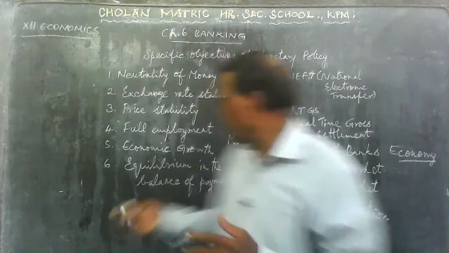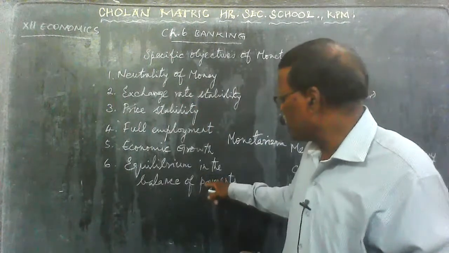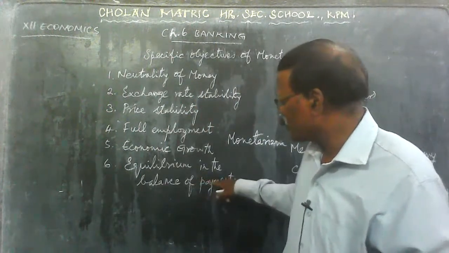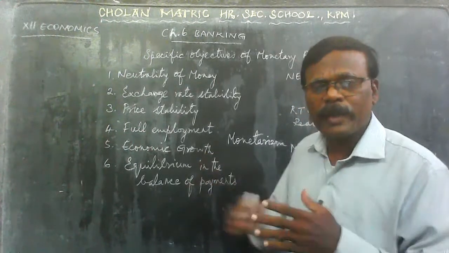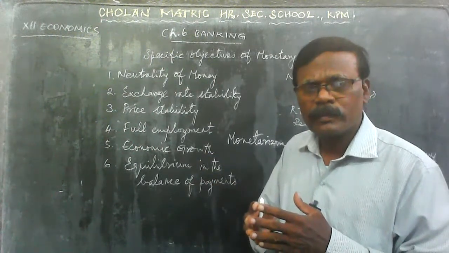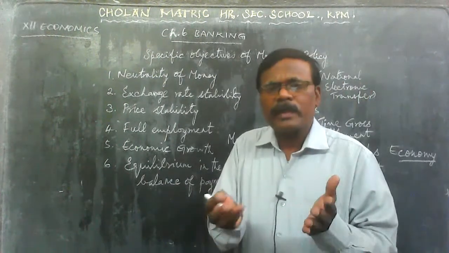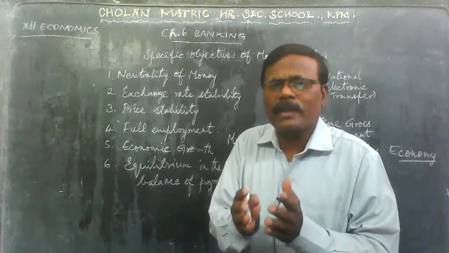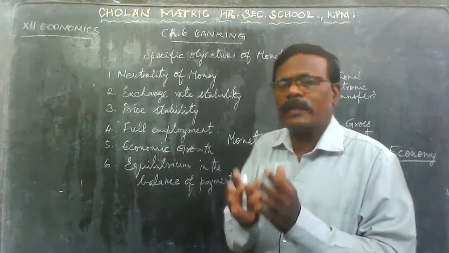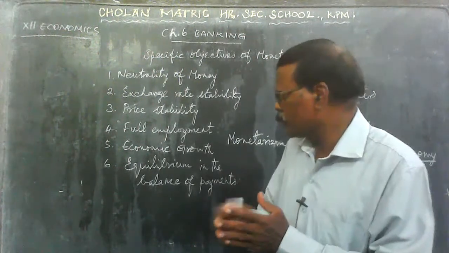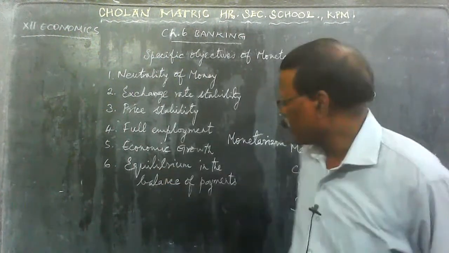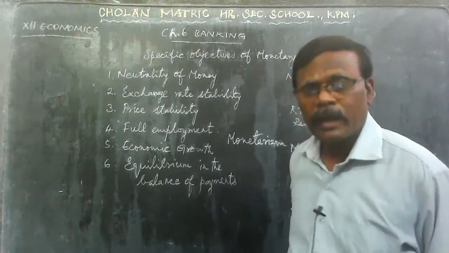Okay, now here there must be balance of payments in the exchange rate. If there is imbalance, this will severely affect the economic conditions of the country. Okay, so that is about the equilibrium in the balance of payments.